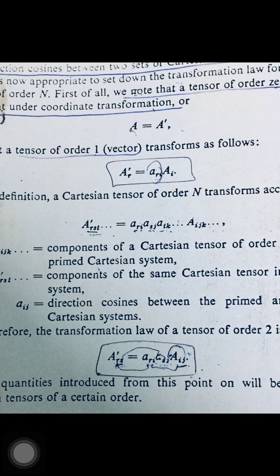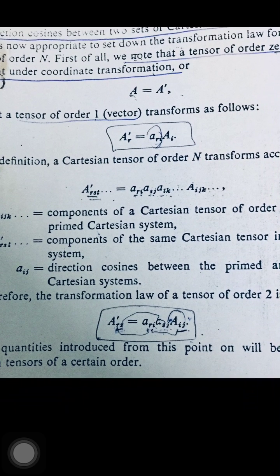Next is a_ri. So the vector a_i we get from unprime to prime. So this becomes the first order tensor transformation law: a_r dash is nothing but a_ri a_i. Dash is unprime and without dash is prime.